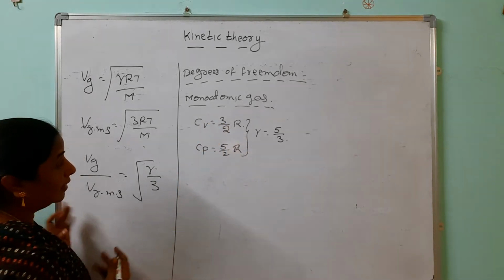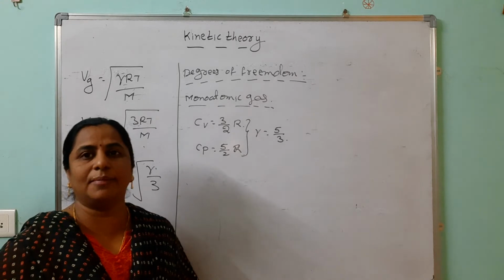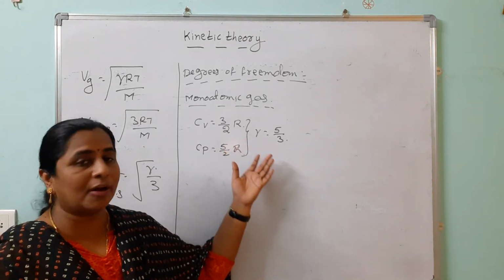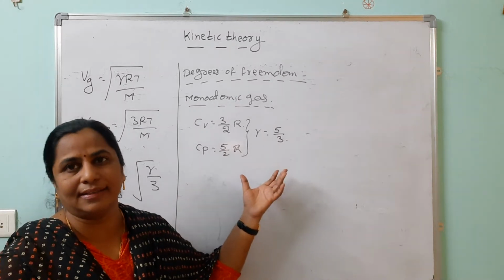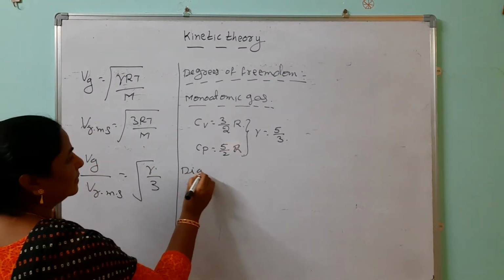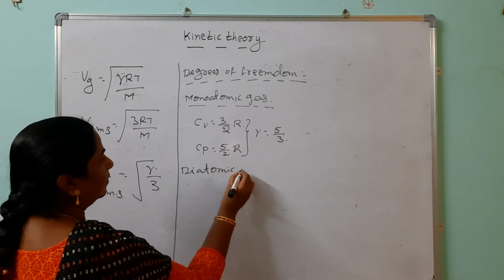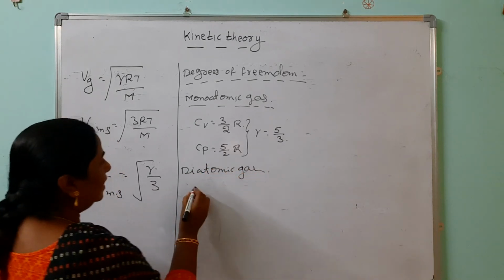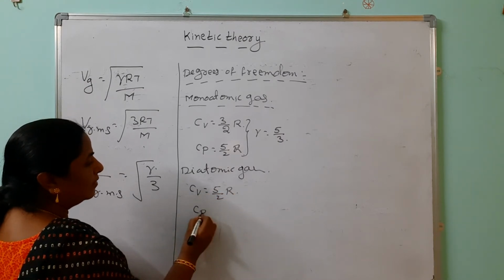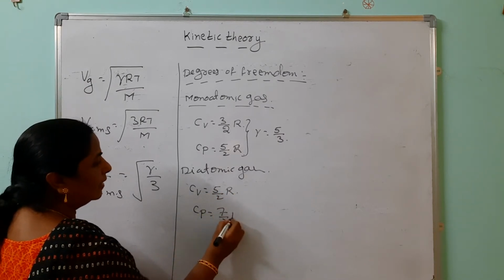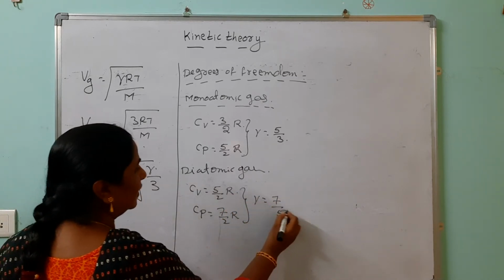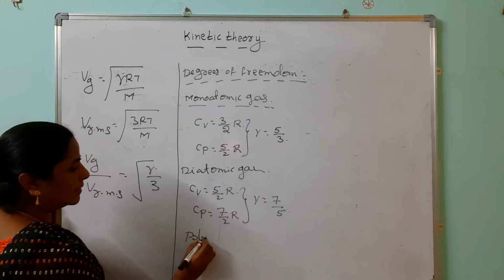Examples of monoatomic gas are helium, lithium, argon. These belong to the monoatomic gases. Then diatomic gases: Cv is 5 by 2 R, then Cp equals 7 by 2 R, then gamma equals 7 by 5.